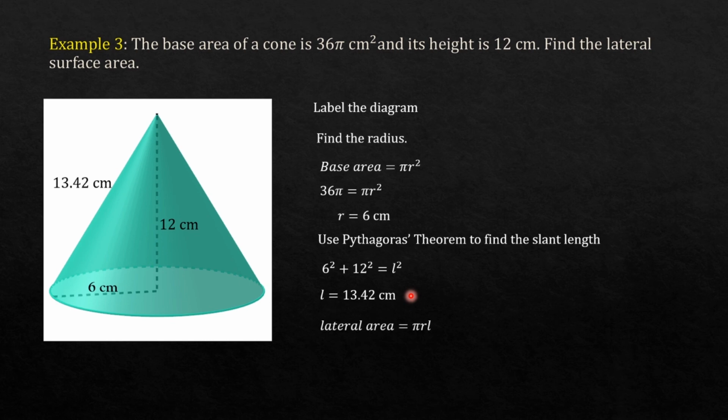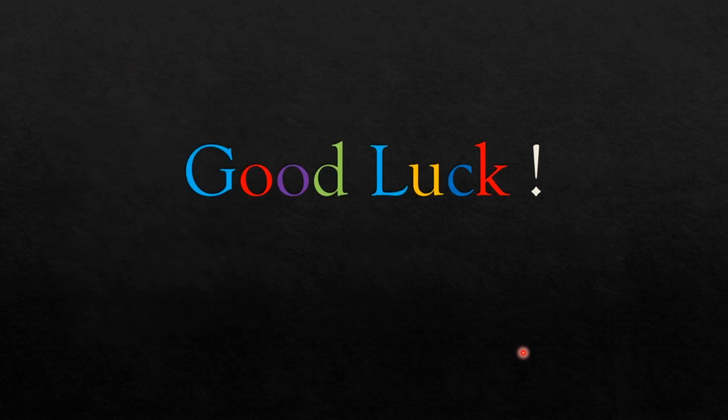The lateral area is given by pi r L. Substitute your numbers. Pi times r, which is 6, times L, which is 13.42, and the lateral area is 252.96 square centimeters. Okay, those are some examples.